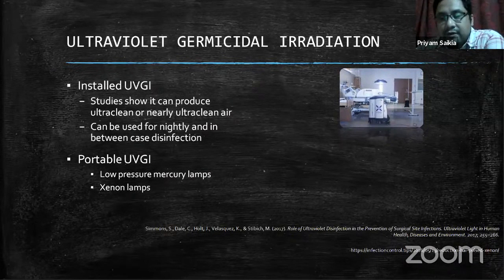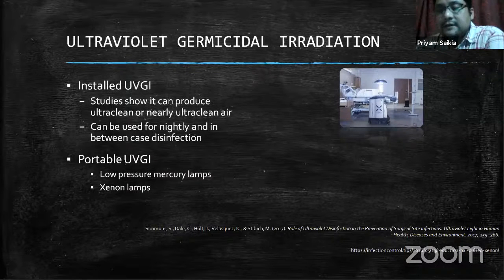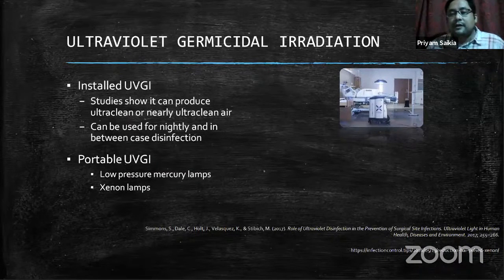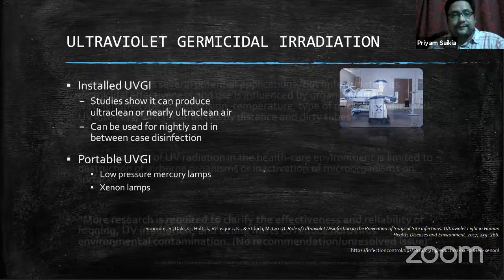Whatever system we use, we should keep in mind that ultraviolet C is very toxic to humans, so appropriate precautions are to be used. Mostly these devices are to be stopped around 2 hours before any person enters the operation theater, and many times they have been used when persons are wearing protective gear.